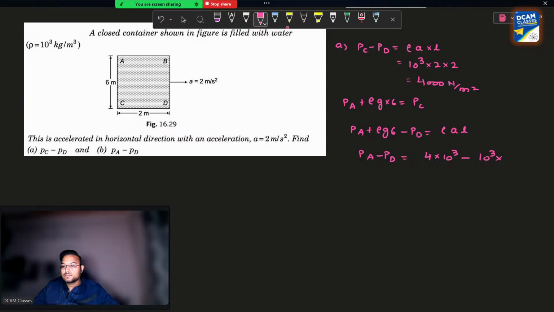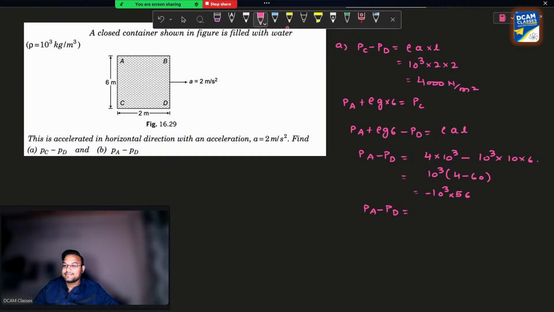Yes, sir, 10. 10 into 6. So it will be 10 power 3 into 4 minus 60. Correct? So it will be 56, but negative value. How were you getting 4 root 10? You have taken square root.